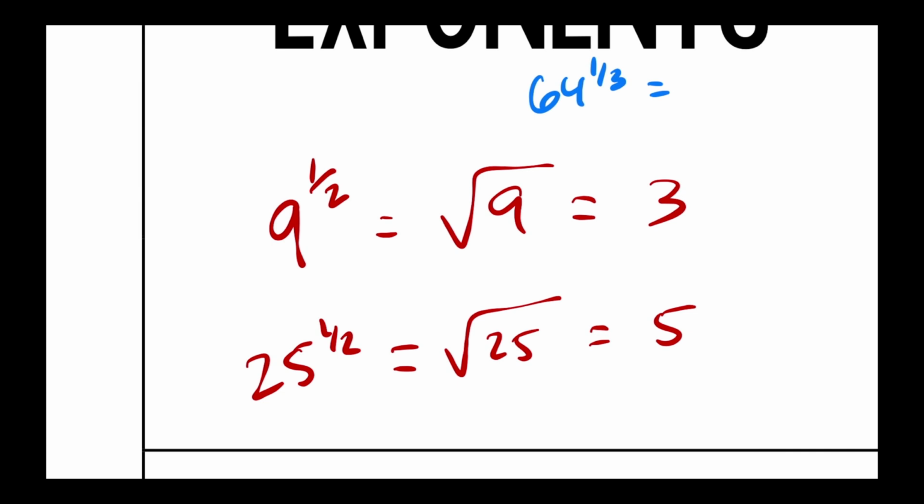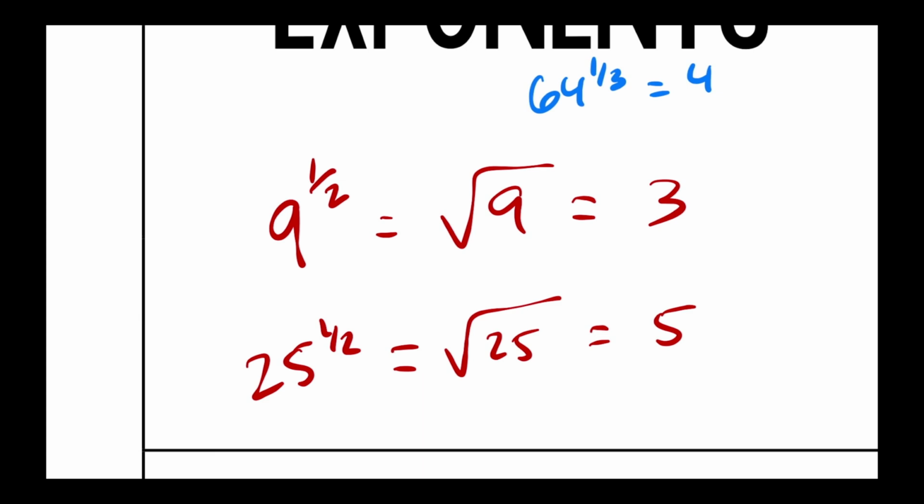So 1/2 power means square root. What does the 1/3 power mean? Ooh, it got very quiet. Well, it's been very quiet, but the chat room is very quiet. 4. And why is it 4? Why would the answer be 4?